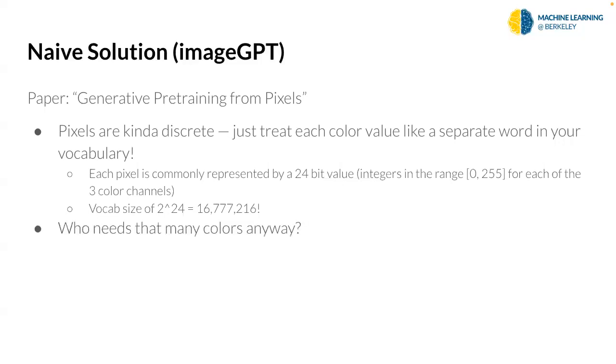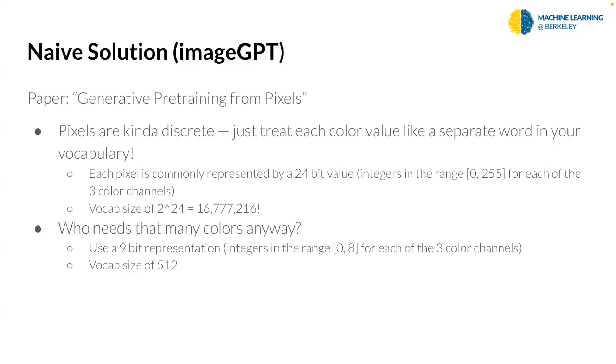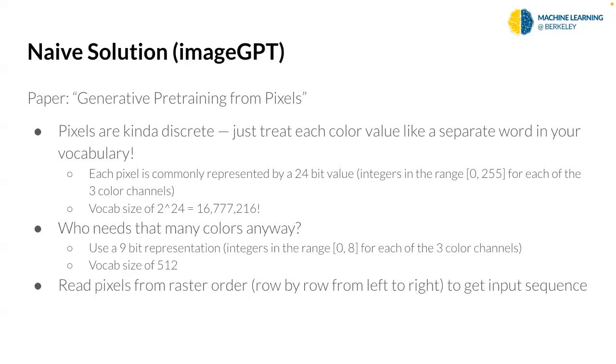You don't actually need that many colors. And so the inductive bias that ImageGPT proposes is that maybe we can get away with less. What if we only use 9? In particular, we have integers ranging from 0 to 8 for all 3 of the color channels. And we use that instead to decompose a new vocabulary. And that works. A vocab size of 512 fulfills our goals as now computationally feasible, and we can get off to the races.